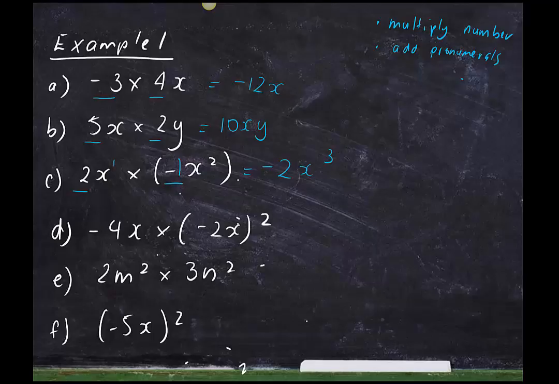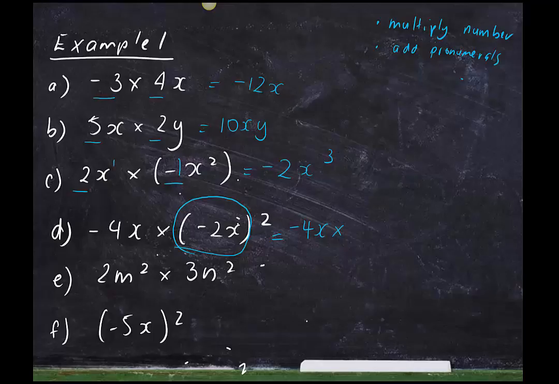With this next question D, this whole thing is going to be squared. So we're going to rewrite the question out, but we're going to square that and then we'll times together. So we've got 4x times. Now minus 2 squared is the same as minus 2 times minus 2. That's going to give us a positive number.